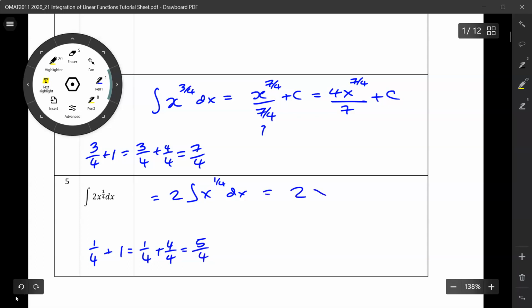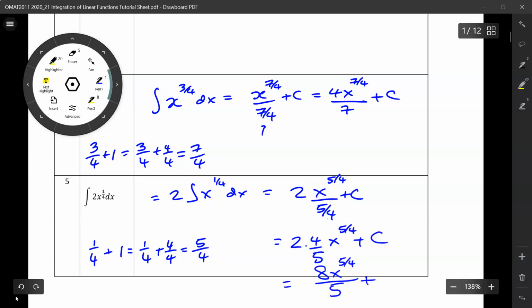So that gives me 2 times x to the power of 5/4 divided by 5/4 plus a constant of integration, and that's the same as 2 times, and we can invert it, so it's 4/5 x to the power of 5/4 plus the constant of integration, and that gives me 8. 2 times 4 is 8. 8 times x to the power of 5/4 divided by 5 plus the constant of integration.